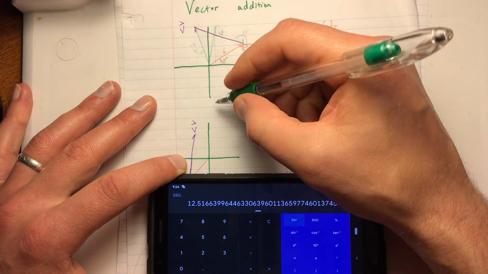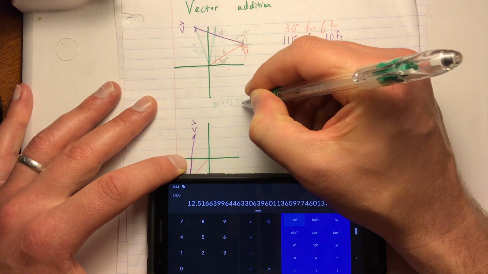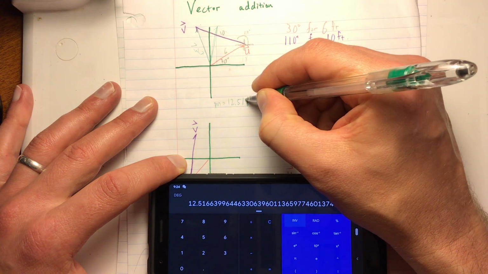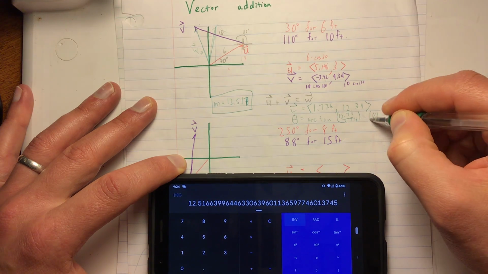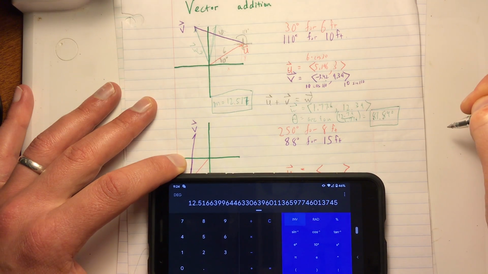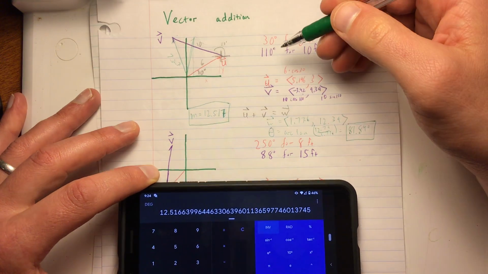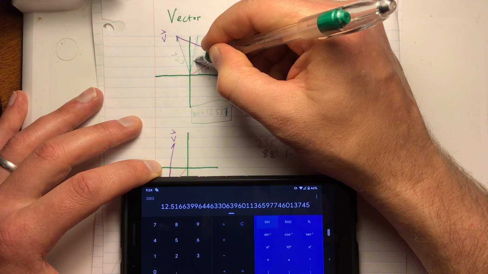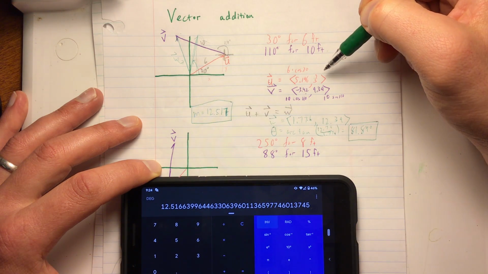So the magnitude of this would be 12.516. We'll round it to 17. So which way did the person have to go? If you want to take the shortcut, you got to turn 81 degrees to here, and then go 12.517 units.